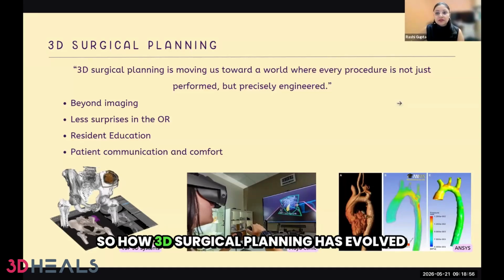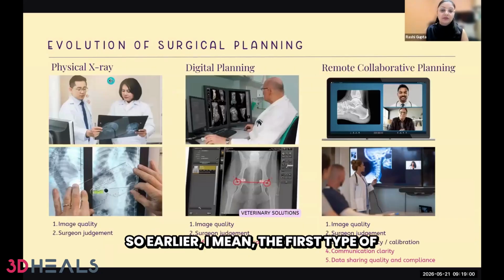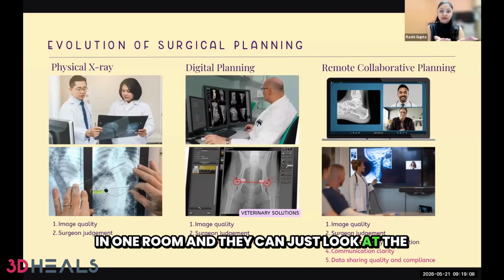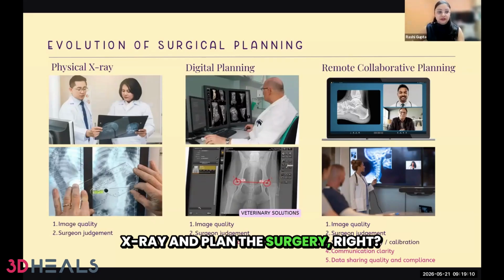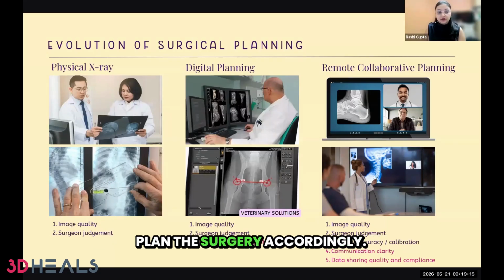So how has 3D surgical planning evolved over the years? Earlier, the first type of surgical planning is when you have a physical X-ray and the doctors are present in one room and they can just look at the X-ray and plan the surgery, right? They can use rulers to mark the angles and plan the surgery accordingly.